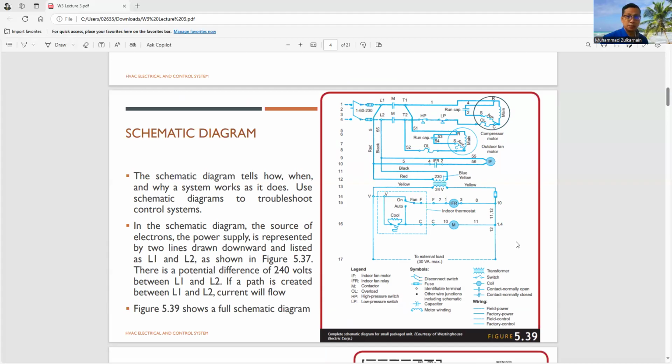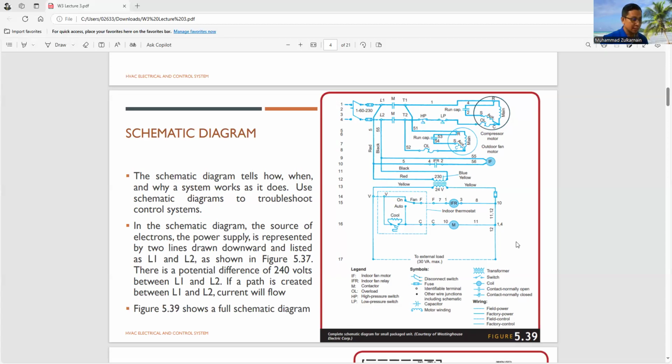First, we need to understand the definition of the schematic diagram. The schematic diagram tells how, when, and why a system works as it does, and it is used to troubleshoot a control system. The second definition: the source of the electricity, the power supply, is represented by two lines downward and listed as L1 and L2.